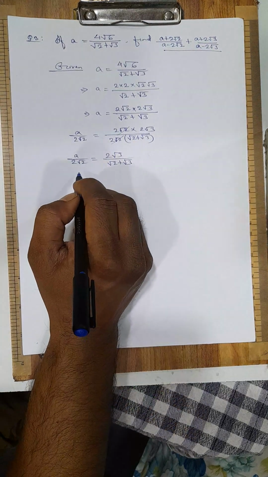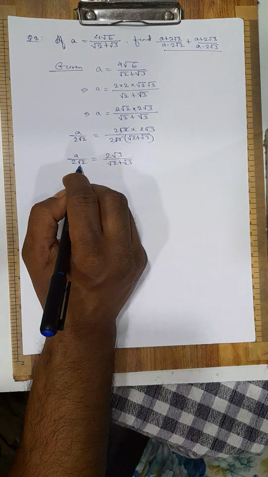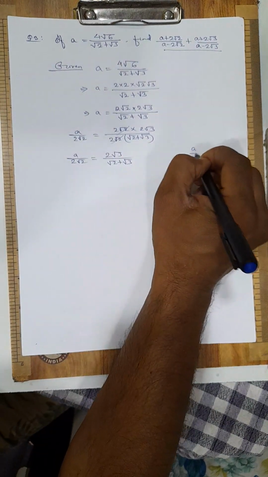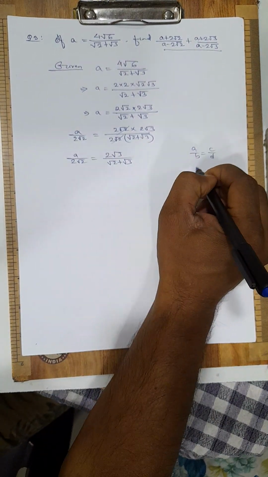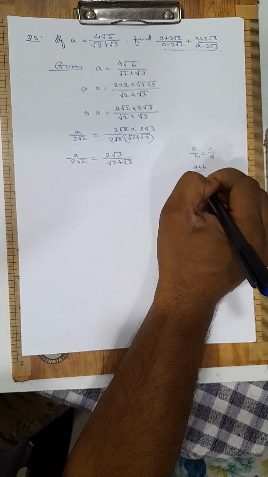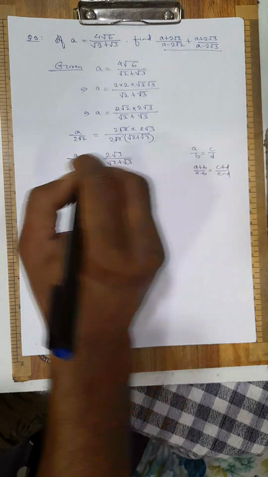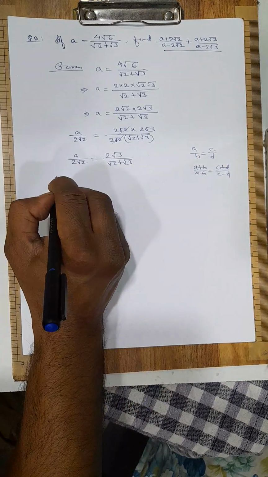Now let us use the property of componendo and dividendo. If a/b = c/d, then (a + b)/(a − b) = (c + d)/(c − d). So you use that property.